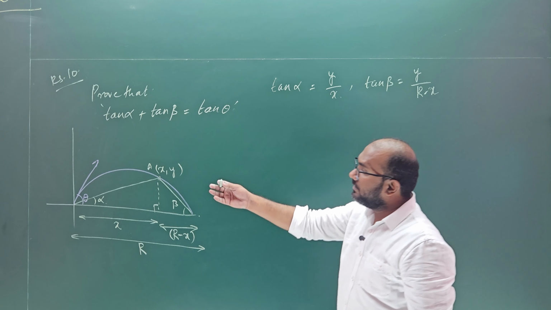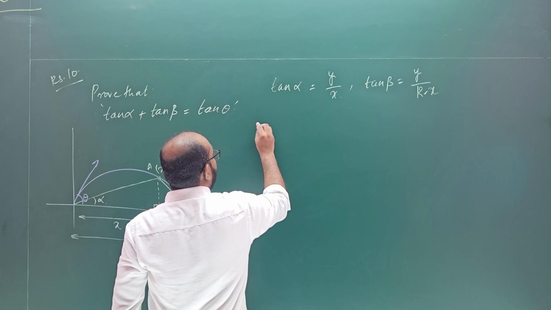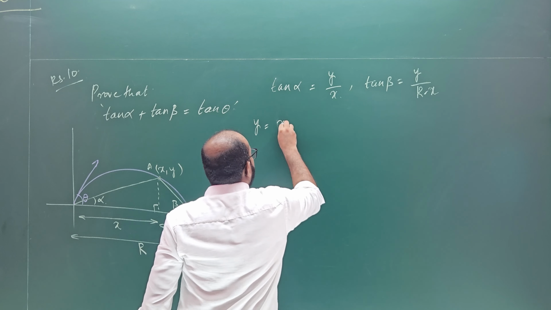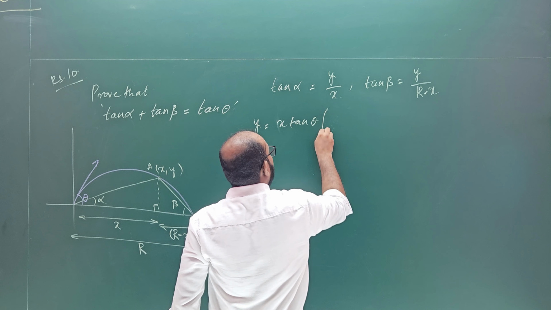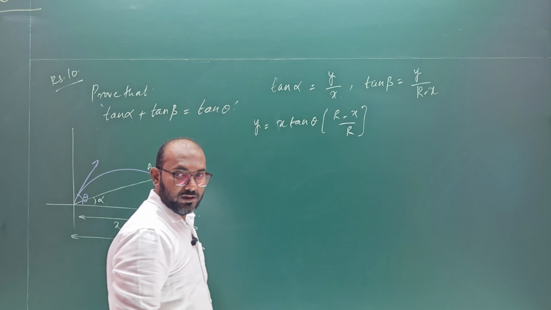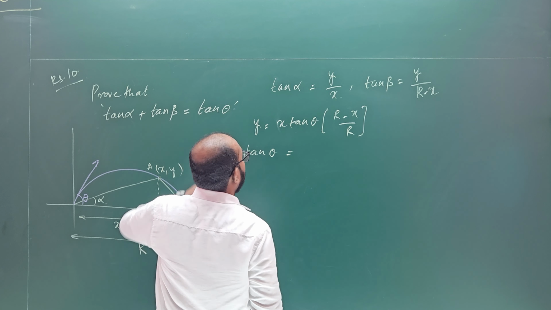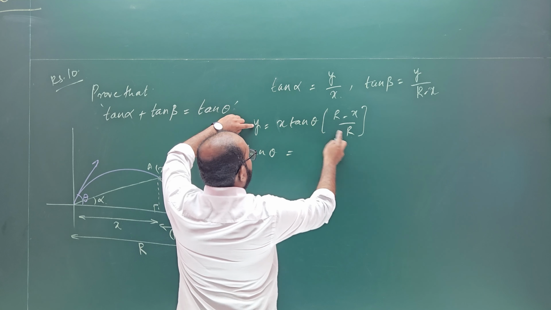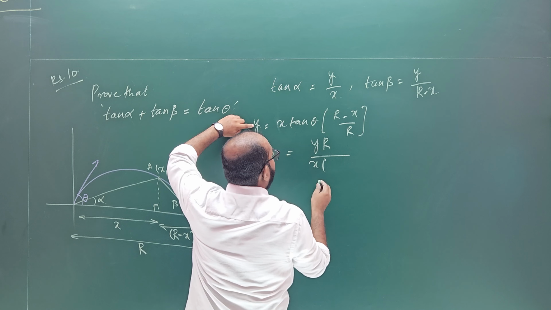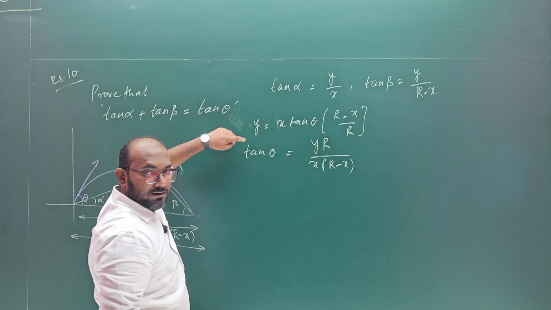Then third thing, applying theta to the equation of trajectory. So apply that equation of trajectory, then can I write y is equal to x tan theta into R minus x upon R? Can I write like this? Yes or no? So from here, tan of theta can be written as y into R upon x into R minus x.